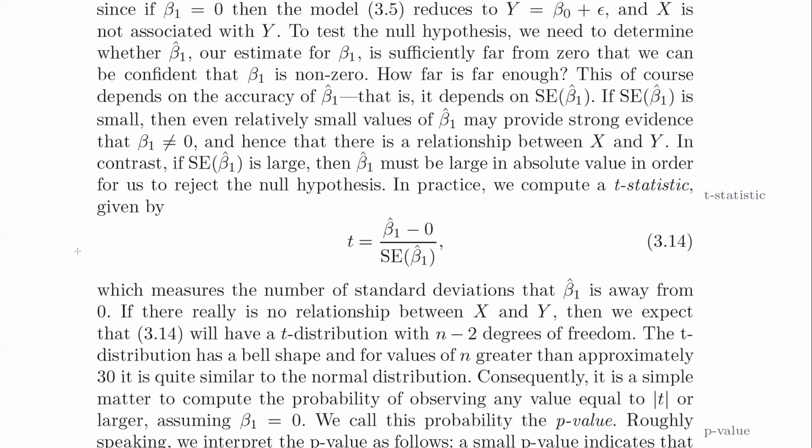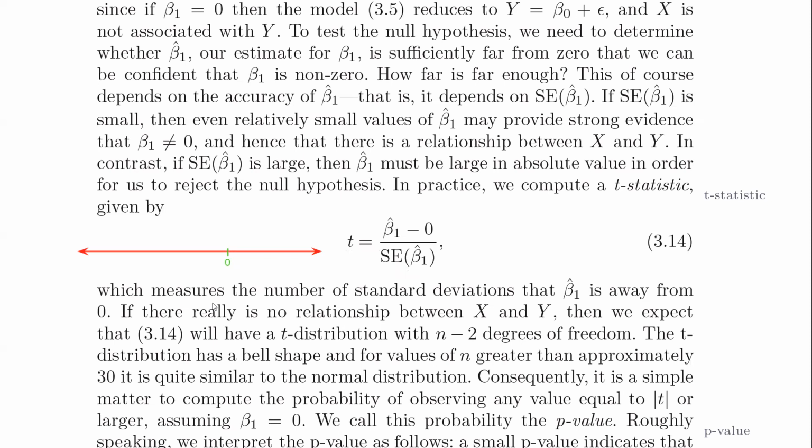Okay, there's quite a lot going on over there. And when I read this the first time yesterday, I can't say that I understood it fully. But all we're saying is that even if your estimate of beta 1 is relatively small, so even if it's quite close to zero, of course, what on earth do we mean by quite close to zero?